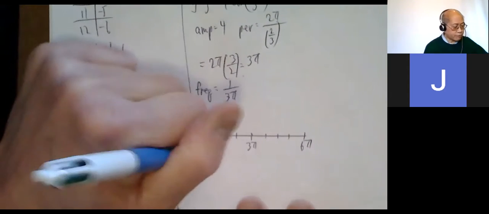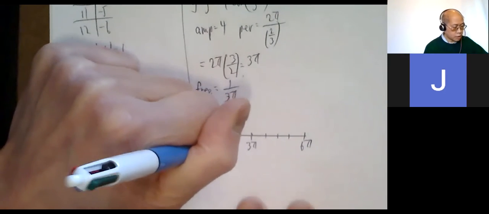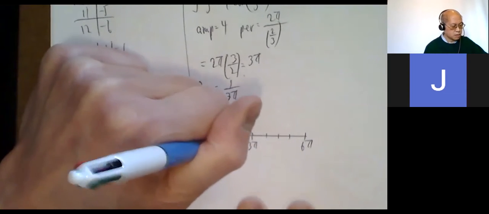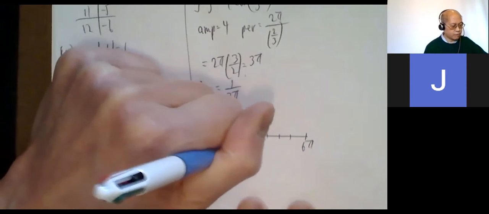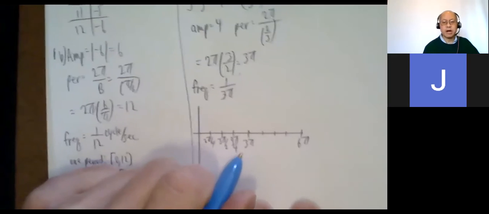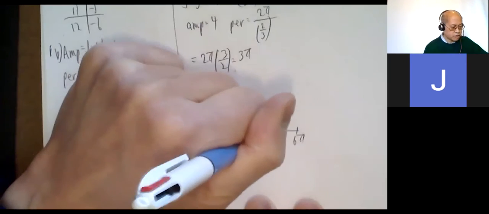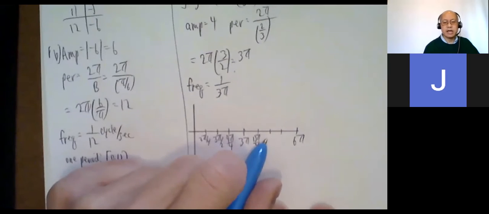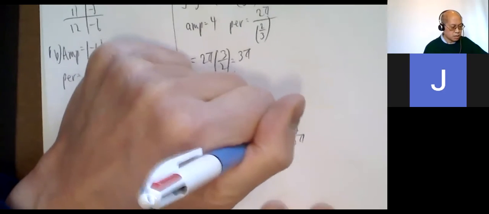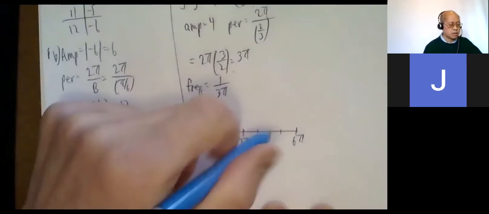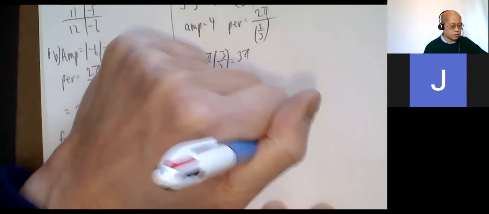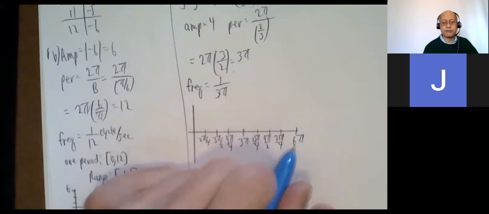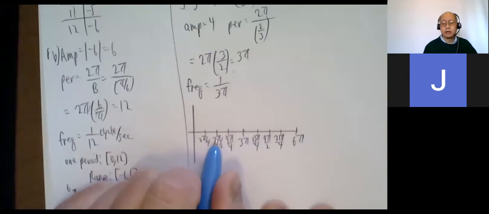So 3 pi divided by 4: 3 pi over 4, 6 pi over 4, 9 pi over 4, 12 pi over 4, 15 pi over 4. I keep adding 3 pi over 4. 18 pi over 4, 21 pi over 4, and 24 pi over 4. Okay, so it works.